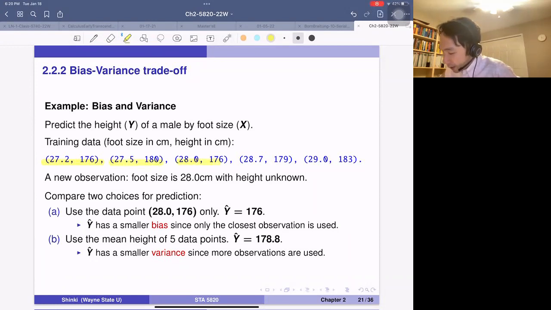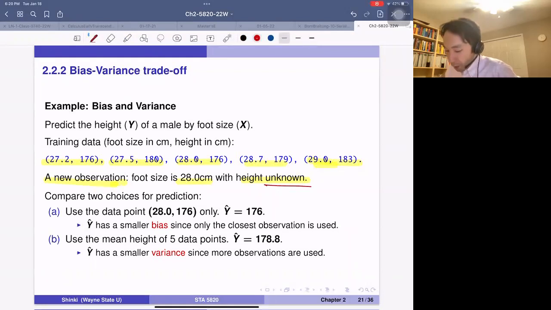We have 4 other observations, 5 in total. Then we have a new observation whose foot size is 28.0, but his height is unknown, and we would like to know his height.